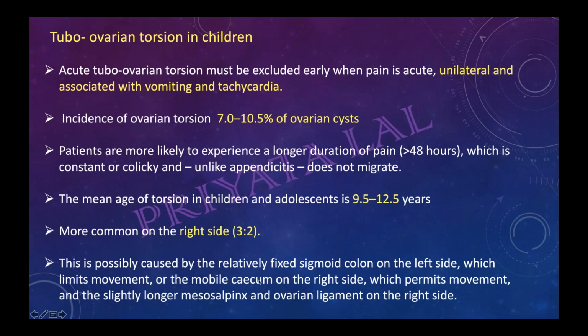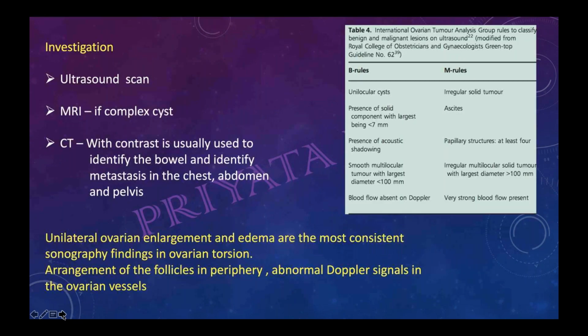But on the right side the mobile cecum is there, so there is space for movement, and there is a little longer mesosalpinx on the right side. Okay, this is also the reason. So a little longer mesosalpinx and ovarian ligament on the right side. Because of these two conditions, tubo-ovarian torsion in a child is more common on the right side as compared to the left side. So this much you also need to know.